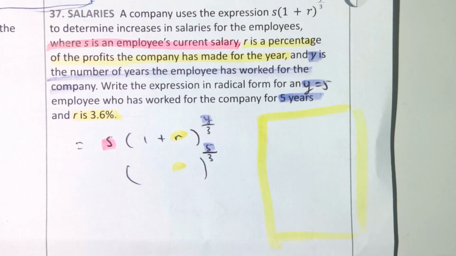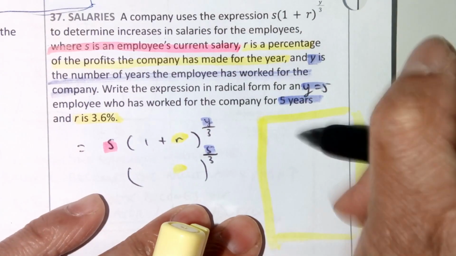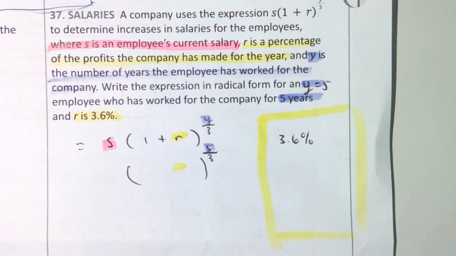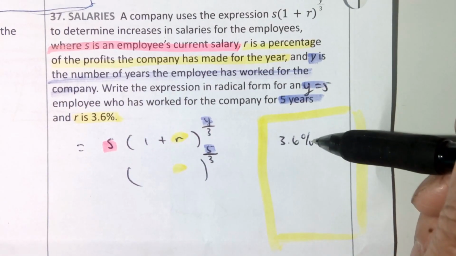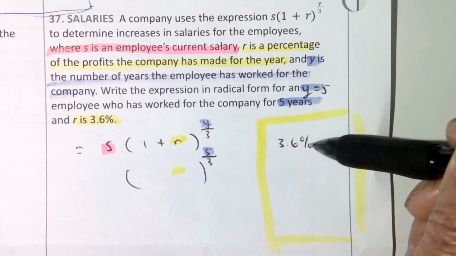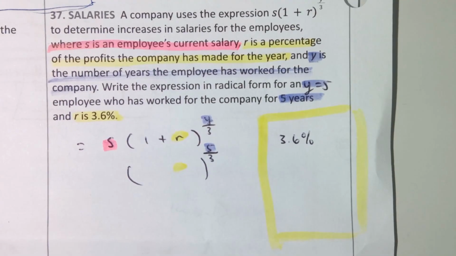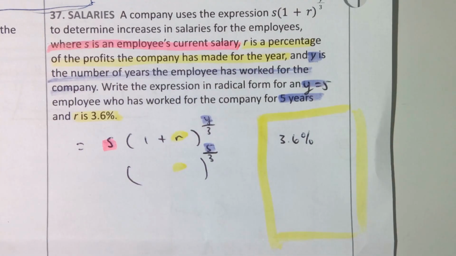So the question is, how do you convert 3.6% into a decimal? Well, the symbol is the percent symbol. Think of the word percent.